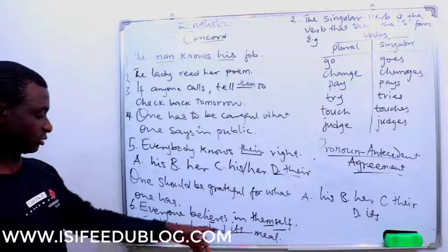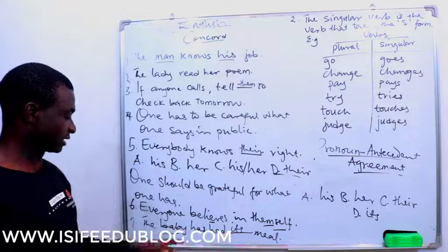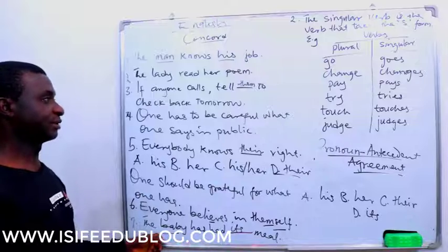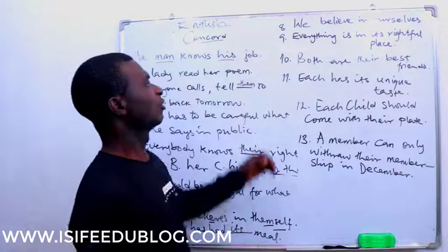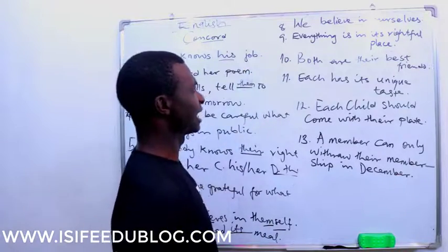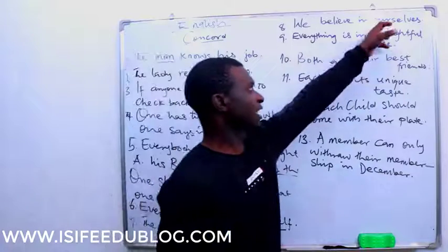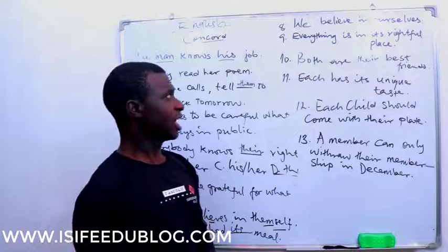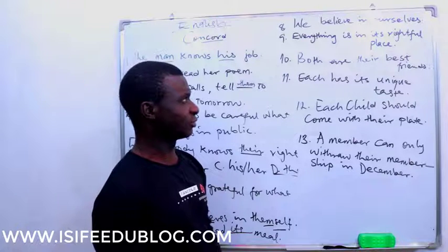So, look again. The antecedent of its is baby. We believe in ourselves. We is the antecedent of ourselves. Everything is in its rightful place.